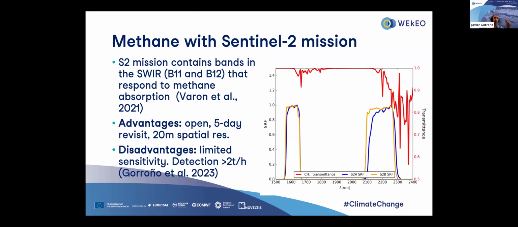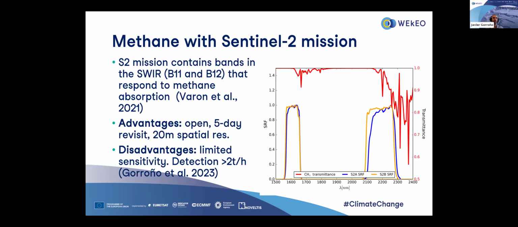One, the obvious: it's open. It's got a 5-day revisit and 20 meters spatial resolution. So those are very good points. The disadvantage is obvious: it's got limited sensitivity because it's not designed for this. Band 12 is a broadband, and obviously it doesn't respond as well as a hyperspectral mission. Usually, you need to be at 1.5 or 2 tons per hour in order to start to see results.